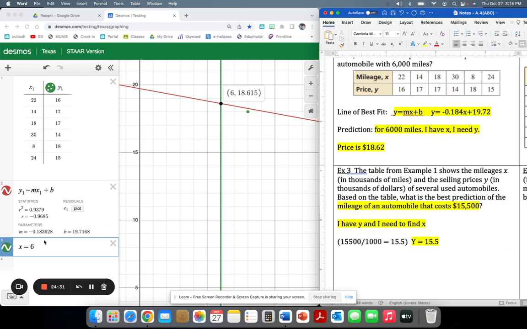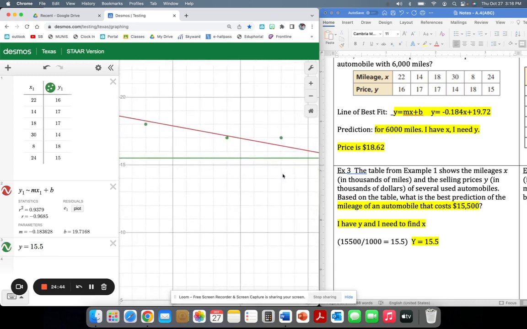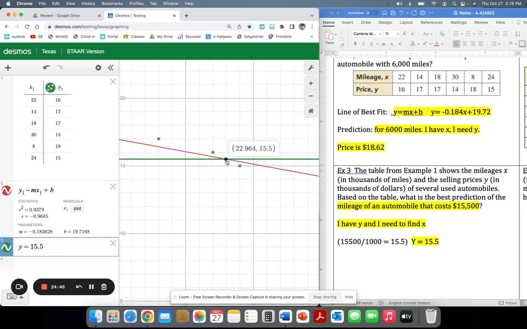Okay, so this time in your calculator, you have that table, you have the linear regression equation. This time you have the y, so I'm going to put y equals 15.5 in the calculator. I have a green line that I have to search for, and I have to see where it is intersecting with the red.